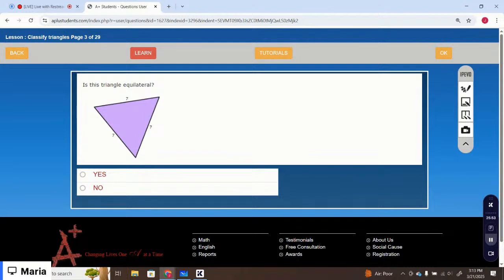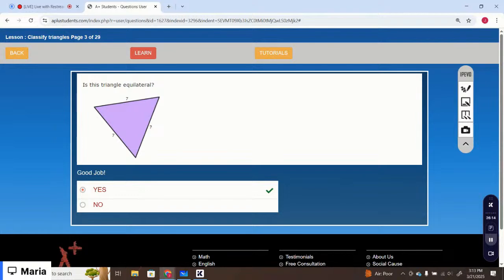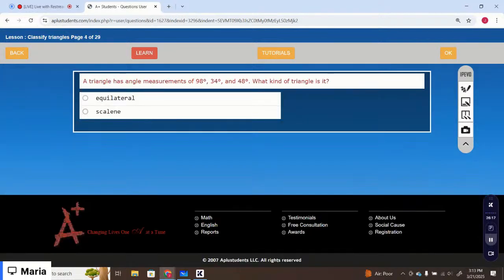Is this triangle equilateral? Yes, that is an equilateral triangle because all the sides measure exactly equal. A triangle has angle measurement of 98, 35, and 48.